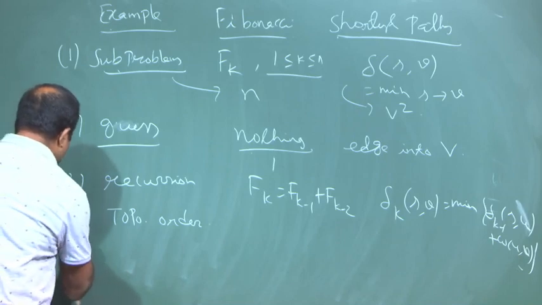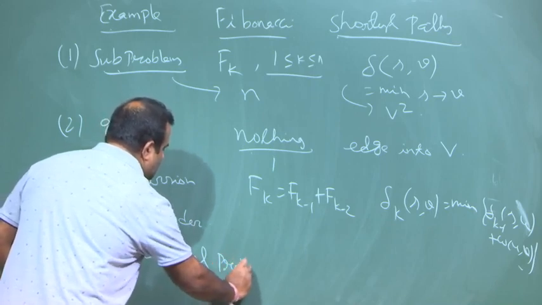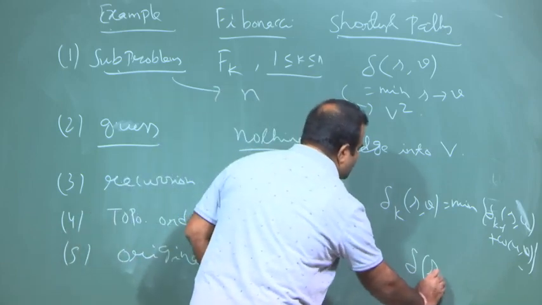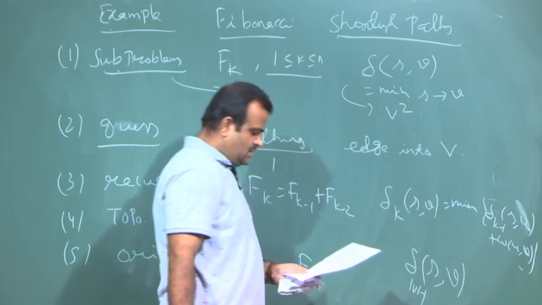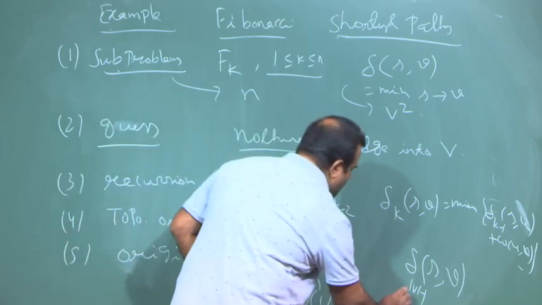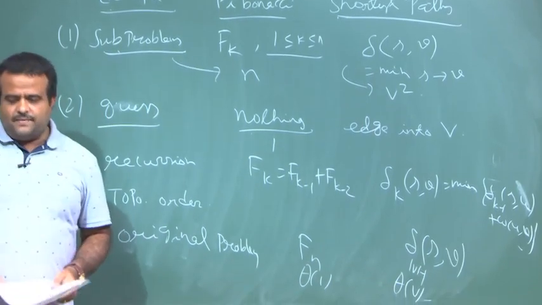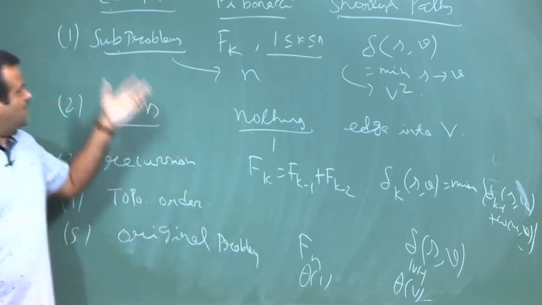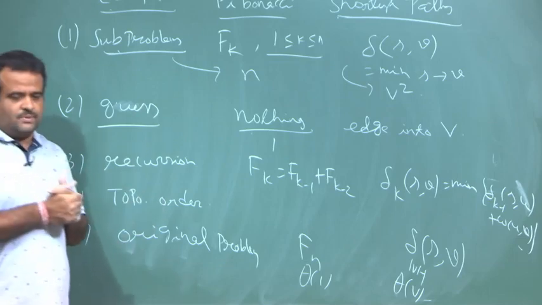Then we have the solution for the original problem, which is f n for Fibonacci and delta of v minus 1, s comma v for shortest path. This takes order of 1 time and this takes order of v times. So, these are the 5 basic steps for any DP problem, which we have jotted down for the two problems, the Fibonacci number and the shortest path problem. Thank you.